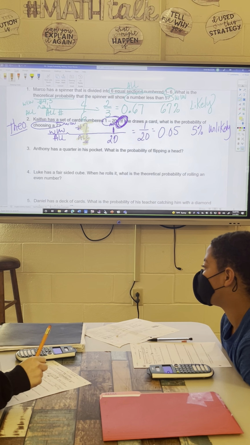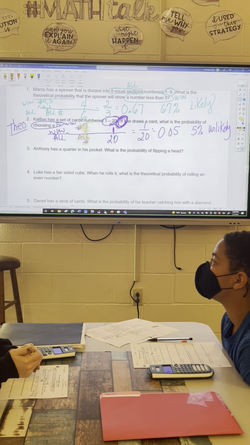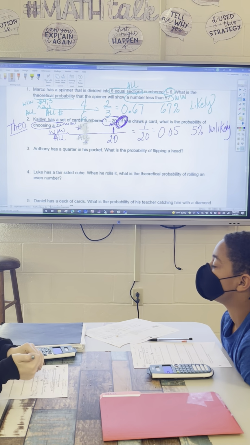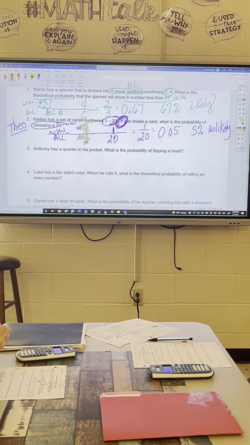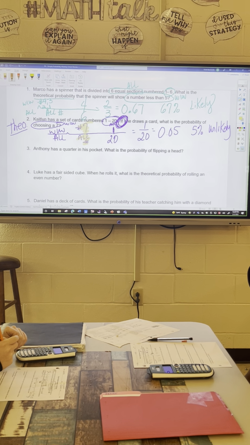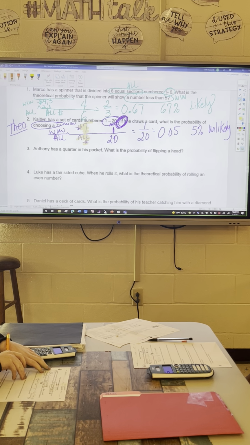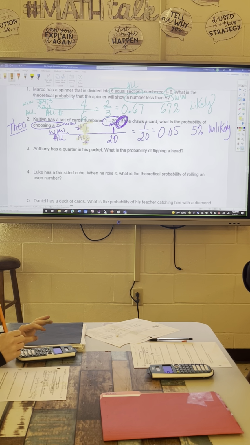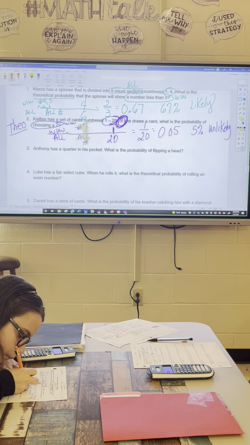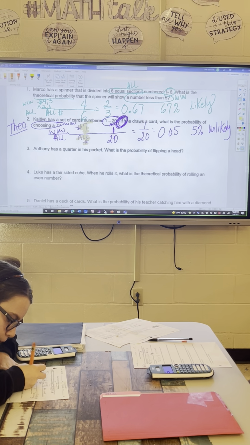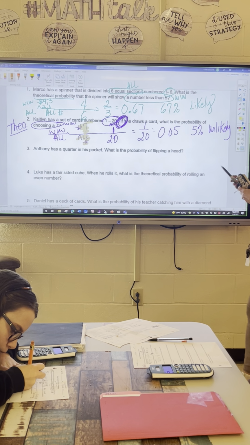But 7 out of 20 is a mistake that is very, very common. But if you write it the way I've got it written and talk yourself through it the way I'm doing this, you won't make that mistake. I want the number 7 out of all numbers. How many 7s do I want? How many 7s are there? There's 1 seven out of a total of 20 numbers. Okay?